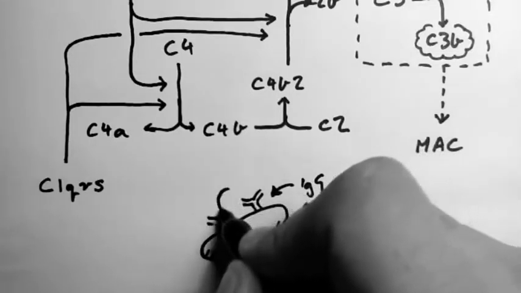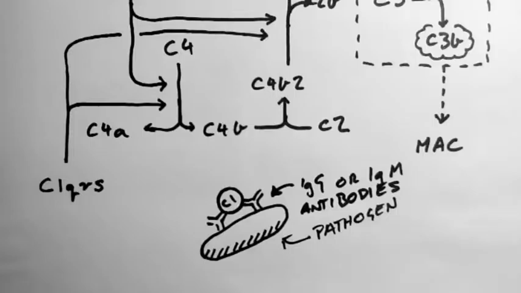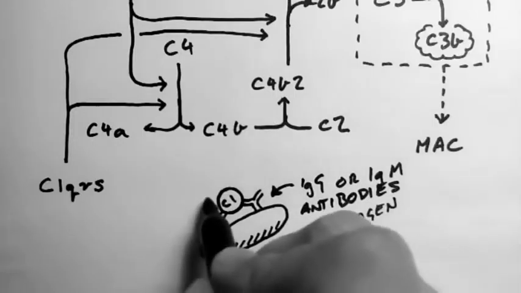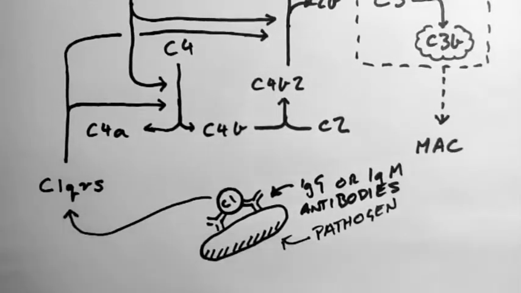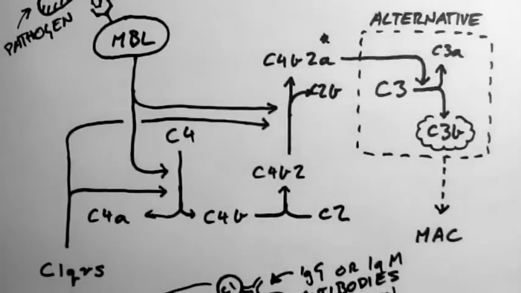These then bind the protein C1, which then causes the formation of the C1qrs complex, which then goes and initiates this pathway. And that's an overview of the complement classical and mannose-binding lectin pathways.